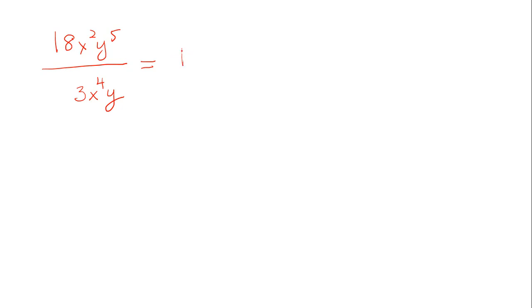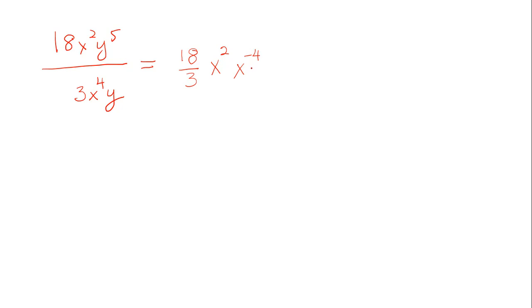To make it easier, you can just write 18 over 3. We try not to simplify that earlier. And then you have x. And you can see over here, if I have x in the numerator, and then I have x in the denominator, if I put this one over here, it's actually just like this, correct?